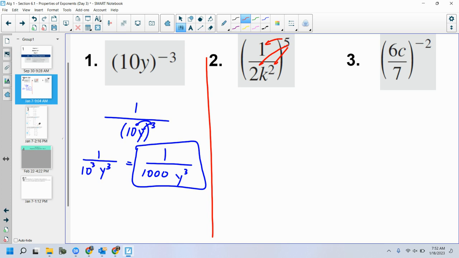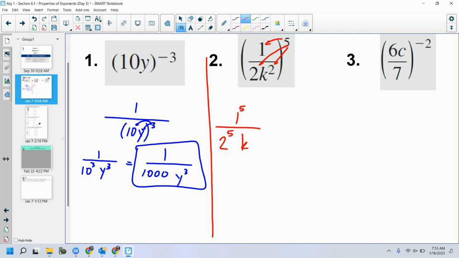That 5 basically just gets distributed everywhere. A place where a lot of people make their mistakes is forgetting to distribute it to the number 2. So we have 1 to the 5th, 2 to the 5th.